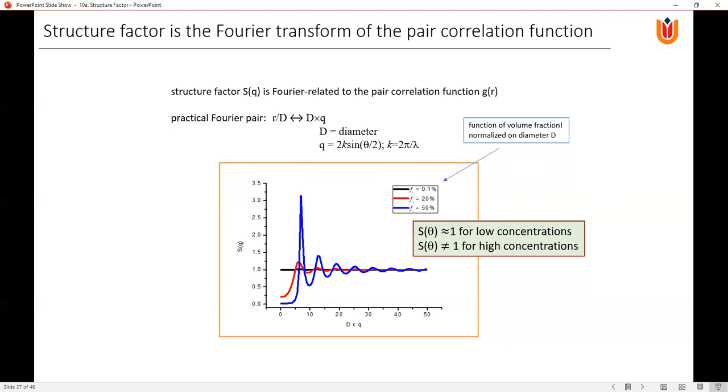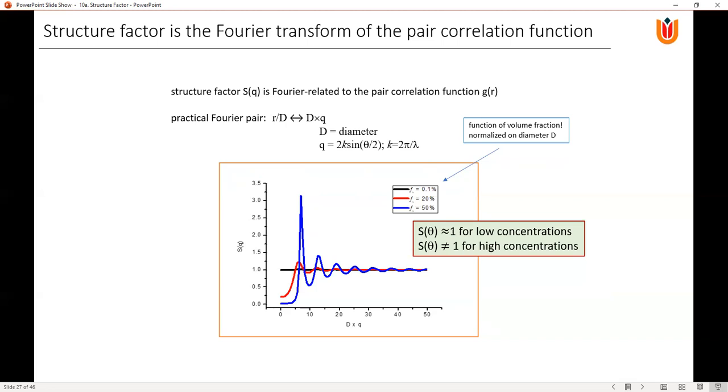So the Fourier pair was: the pair correlation function as a function of distance, to S of Q. That is not really practical. It is more beneficial to normalize the distance by the diameter of the particle.